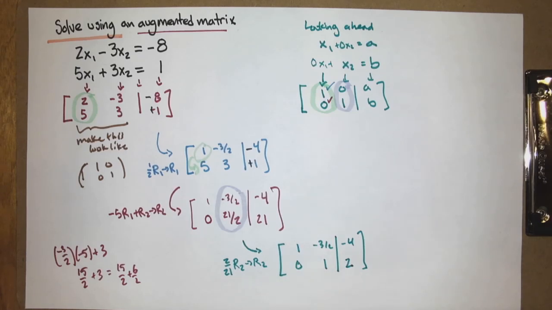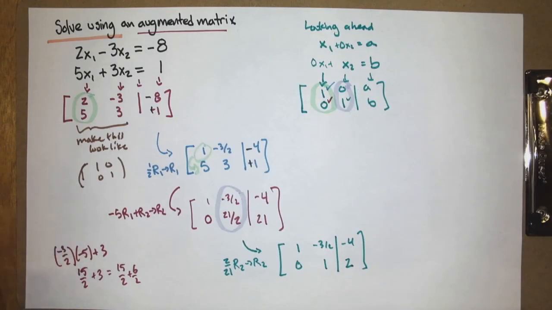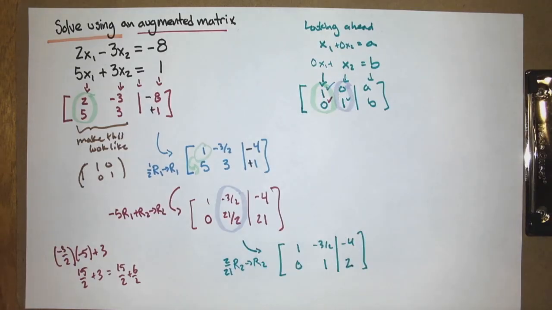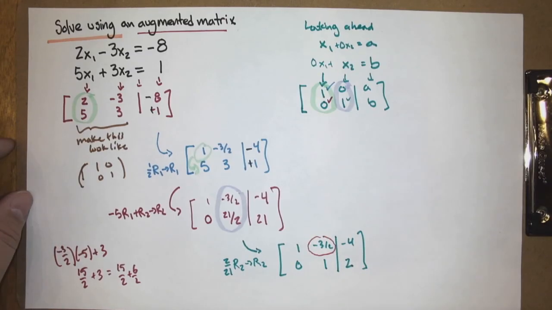Are we done? No. But we're 3/4 of the way done. What's left? This last entry. Got to make that a 0. All right, so how can we make that last entry a 0? This little negative 3 halves. What can we do? What can we do?